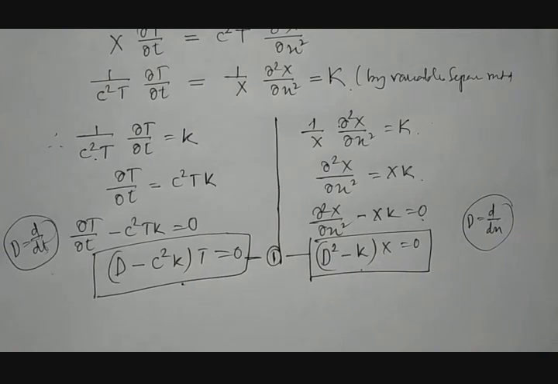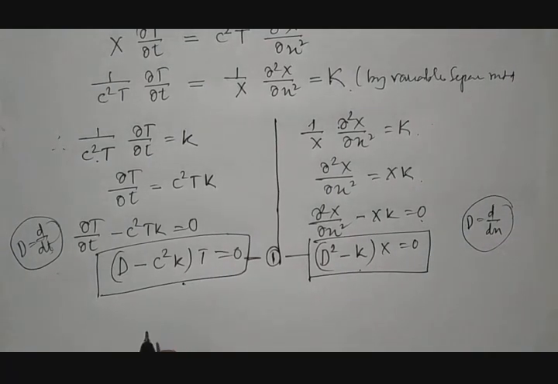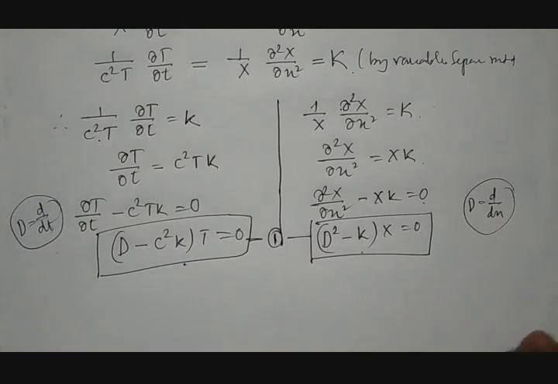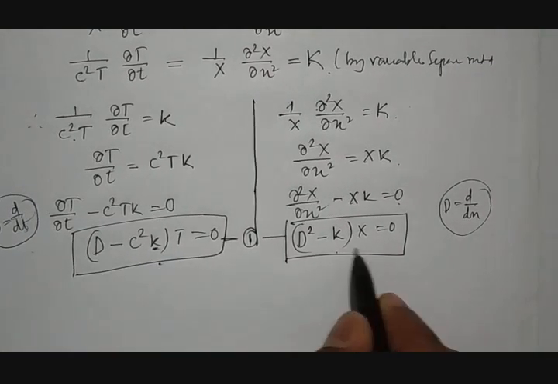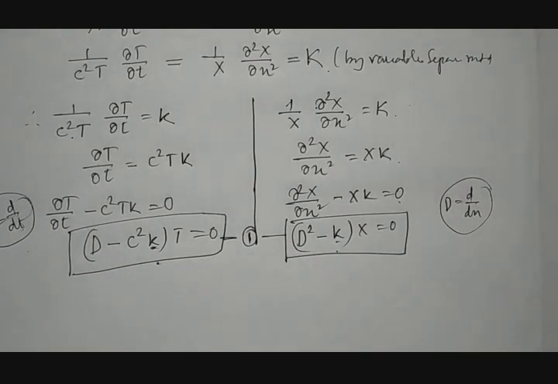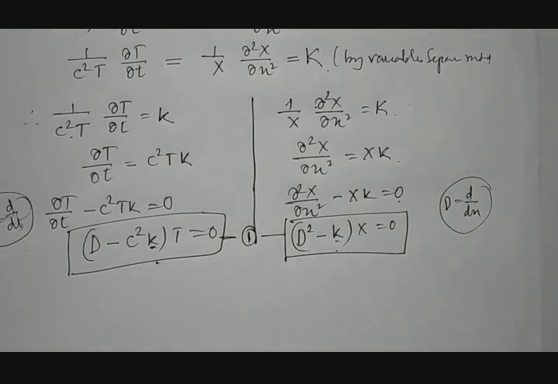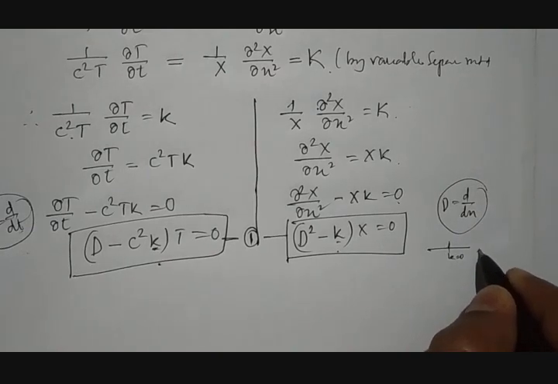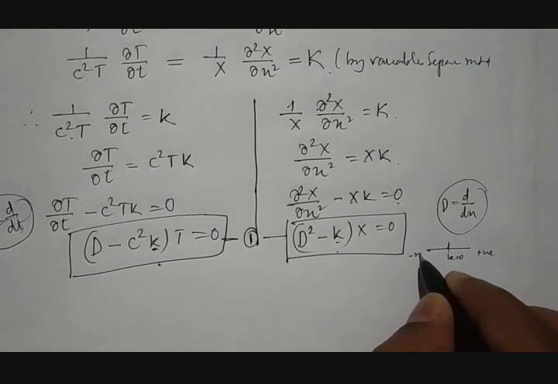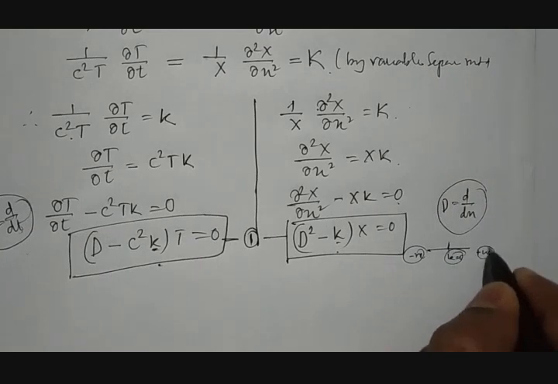When they are of homogeneous equation, then what happens? There are different possibilities of solution, because it depends on k. We don't know what exactly k is, whether k is positive, negative, or neutral. Everything depends on the value of k. It may be 0, positive, or negative.